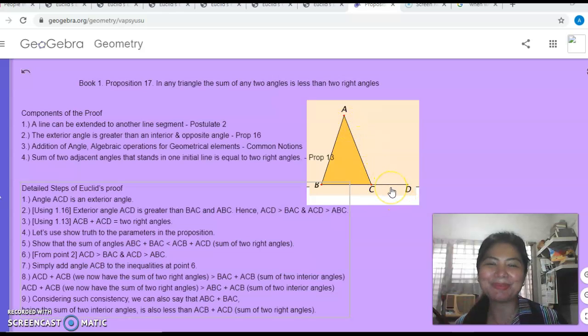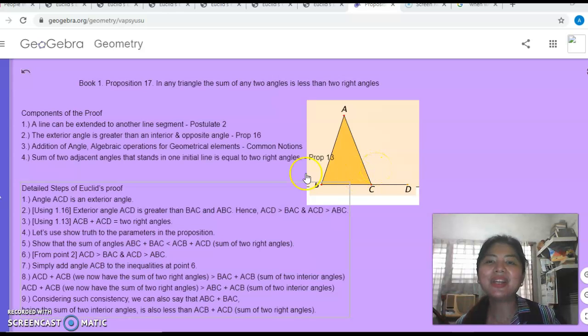When we look more closely, we can say that angle ACD is adjacent to angle ACB, and both adjacent angles stand on just one line here. So we can say that the sum of these two adjacent angles is equal to two right angles, right?